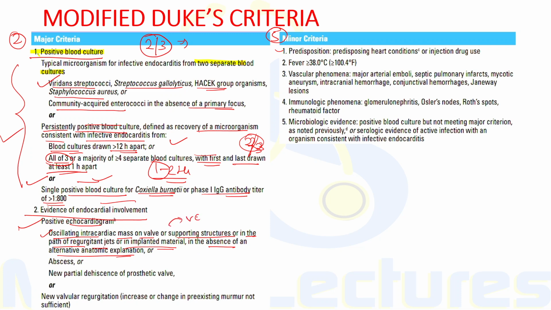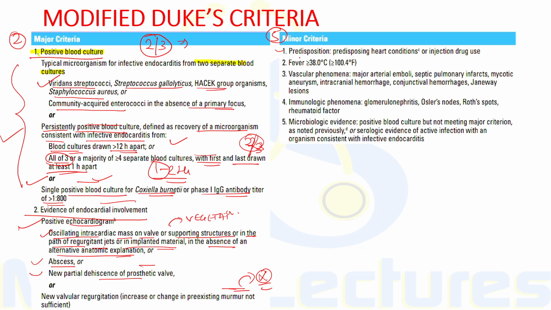So this is basically the presence of vegetation, then presence of an abscess, new partial dehiscence of a prosthetic valve, or new valvular regurgitation. An increase or change in a pre-existing murmur is not sufficient to consider in this echocardiographic finding. There should be new valvular regurgitation. So this is the major criteria.